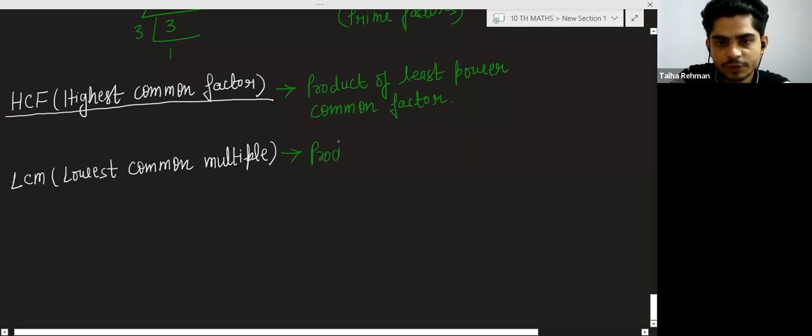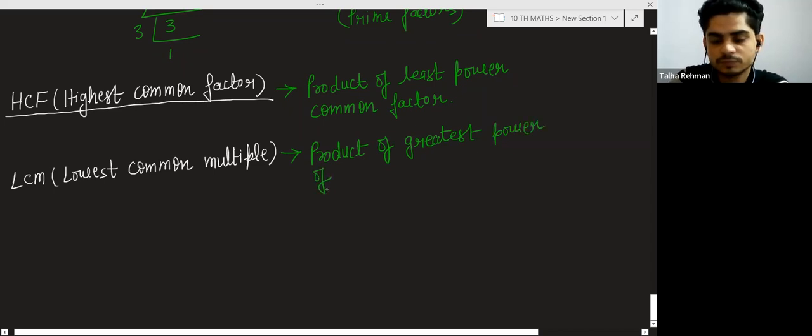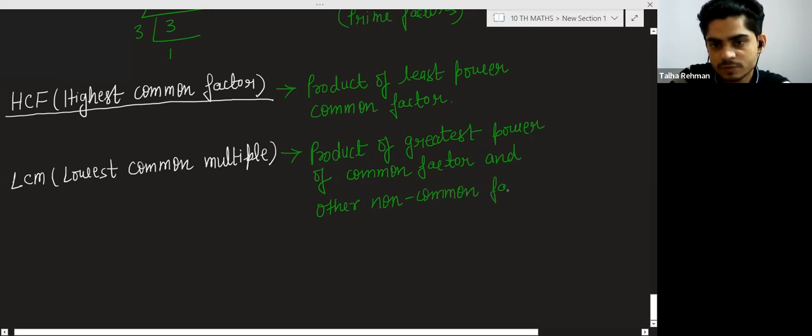This is the product of the greatest power of common factors and other non-common factors.